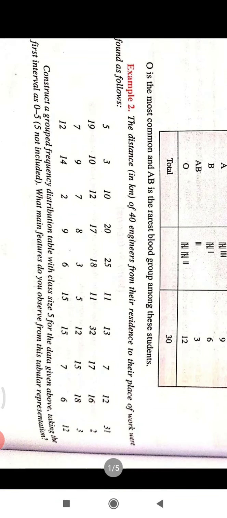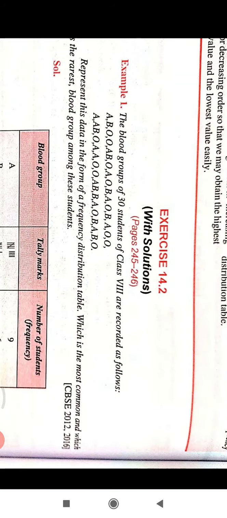I think the lowest number is 2, and the highest number is 31. If you observe, 32 is also there. So the lowest is 2 and the highest is 32. So how to make the classes, we will see.